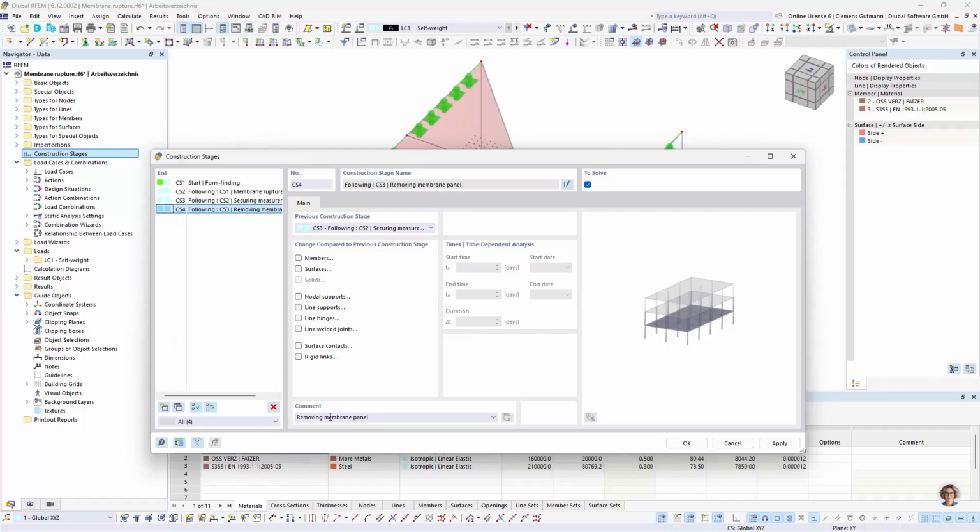So yeah, we have these 4 stages. Of course, you can have a lot more stages. You can have whatever combination you like. You can have different variants.